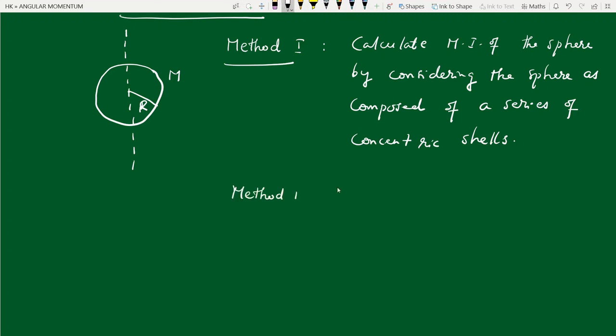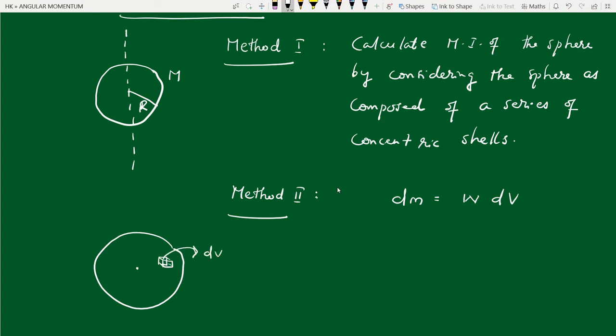Now in method 2, what you have to do is consider this as a three-dimensional body. For a three-dimensional body, how do you take a differential mass? You can write it as mass per unit volume into the differential volume dv. So in this sphere, you take a differential mass, let us say like this.